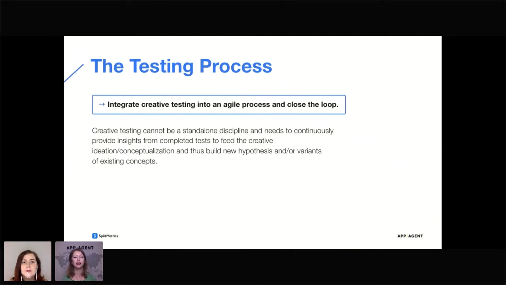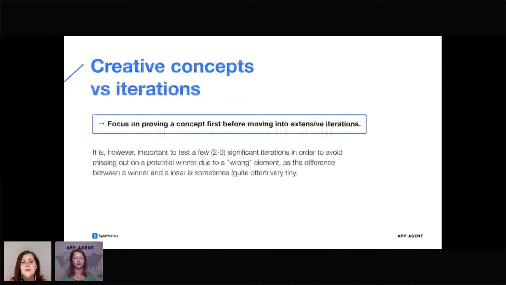With that being said, the following rule is all about the creative concepts. Rule of thumb, never dive straight into doing 20, 30 crazy iterations of small tweaks, changing background colors. It's really important that you focus on first proving the concept itself.